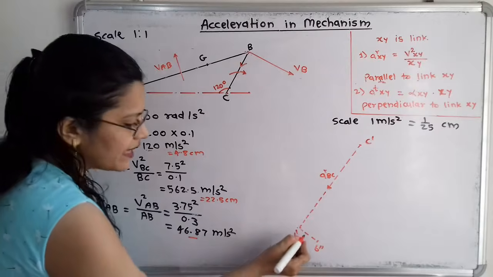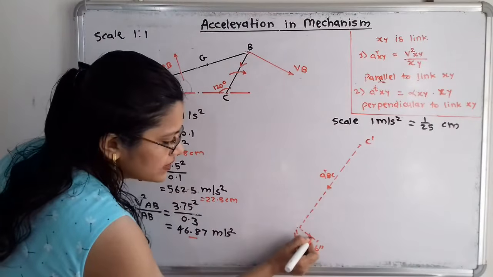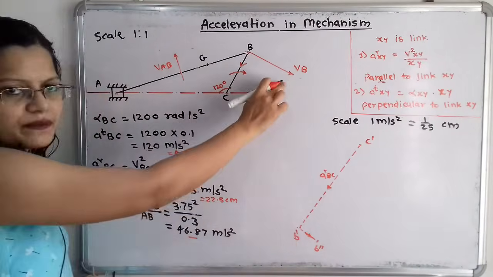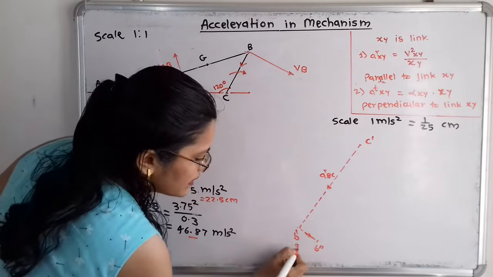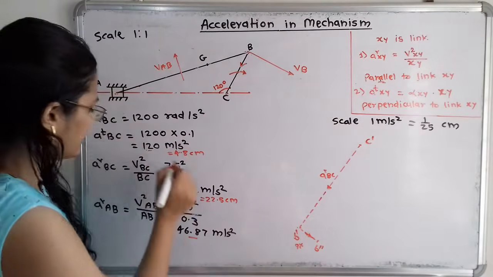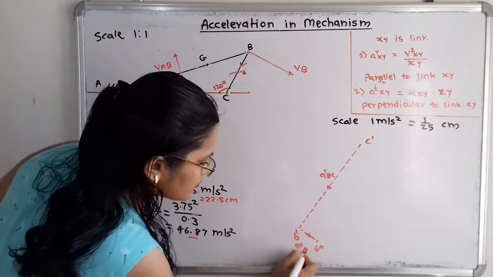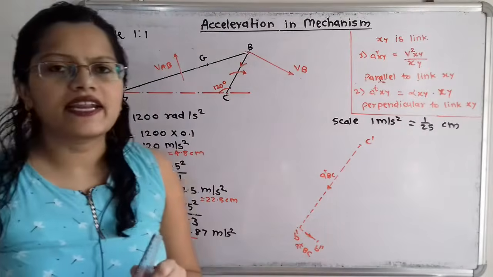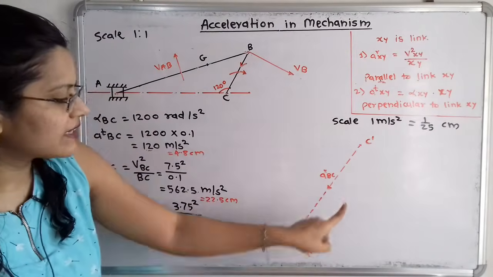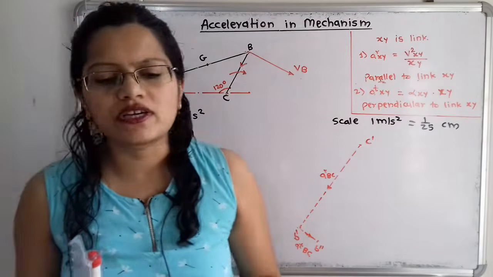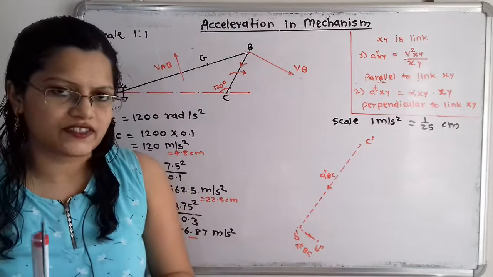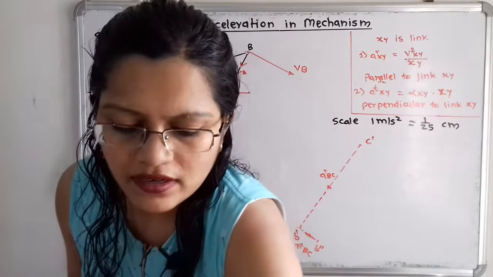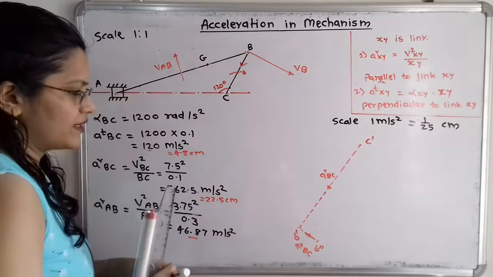So I have to write here, and we have to show arrow also that is in the same direction for this VB. So I will write here a raised to t BC. Now if we connect the end points of this radial component and tangential component, then we will get the total acceleration. So here I will join these 2 points.